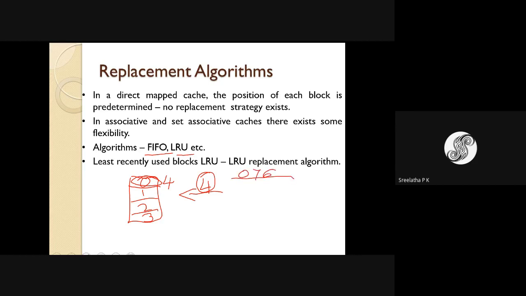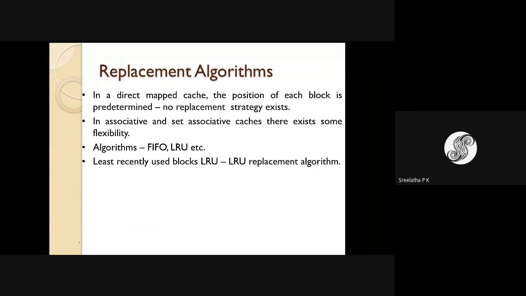So you can take a string of blocks, any blocks retrieved randomly, and see how the placing takes place, how a block is selected as a victim block for replacement. This is just for FIFO; for LRU there is a similar technique. The block diagrams are there, you can search in Google or the textbook by Galvin.